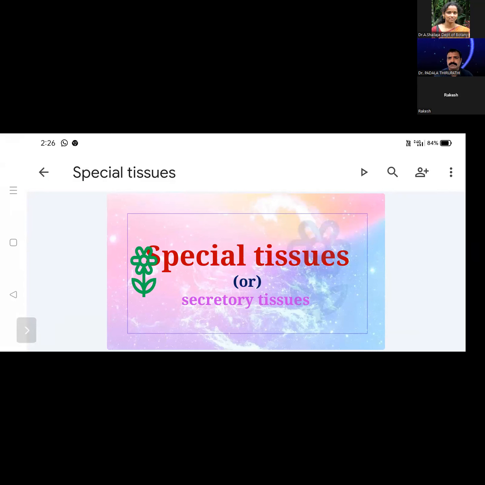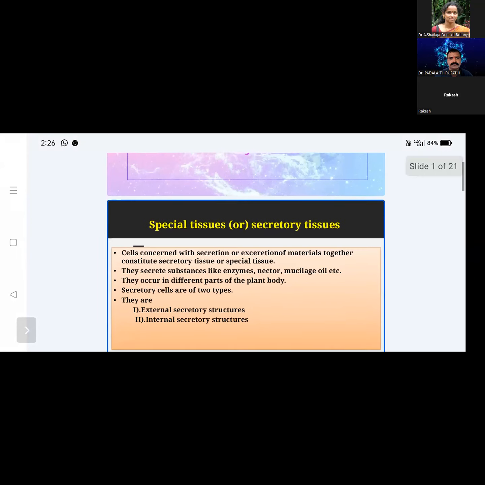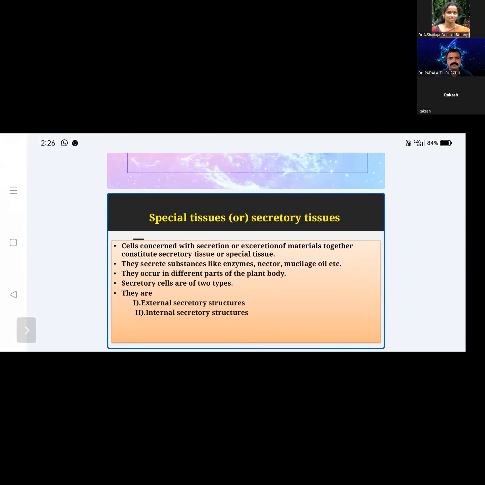The cells or tissues that are connected with the secretion or excretion from the plant body are called secretory tissues or glandular tissues.